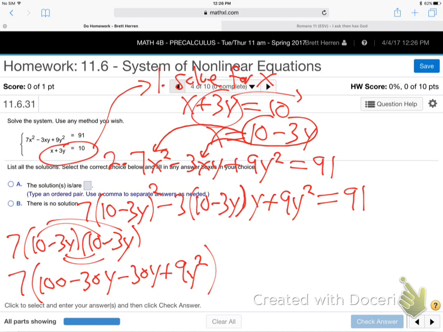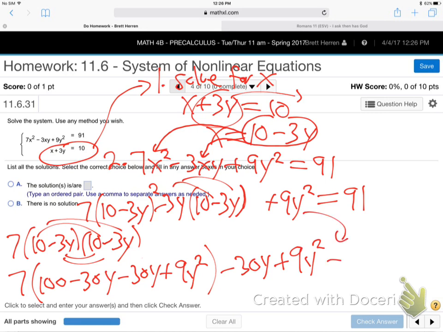Can you distribute the 3 for the middle one? Yeah, what I would do for the middle one is I would put this 3 and this y together first, and then distribute them. Just going to make it easier. So let's do that. Let's bring that y over. Minus right, boom, and a boom. Like good. So that'll become minus 30y plus 9y squared.